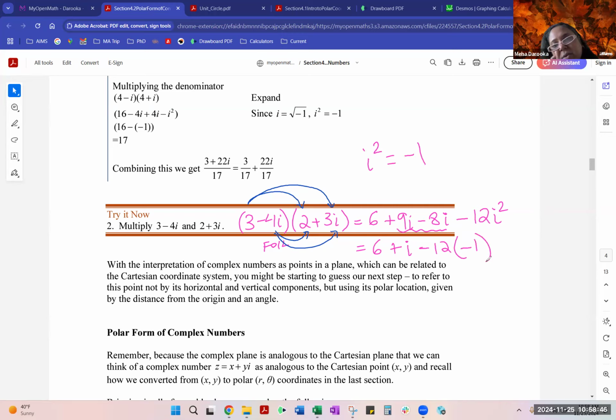So we replace our i squared with negative 1, which ends up making this 6 plus i, negative and negative will become positive. So that becomes positive 12. And then we can combine positive 6 with positive 12. So you will see this comes out to be 18 plus i when you multiply these two.